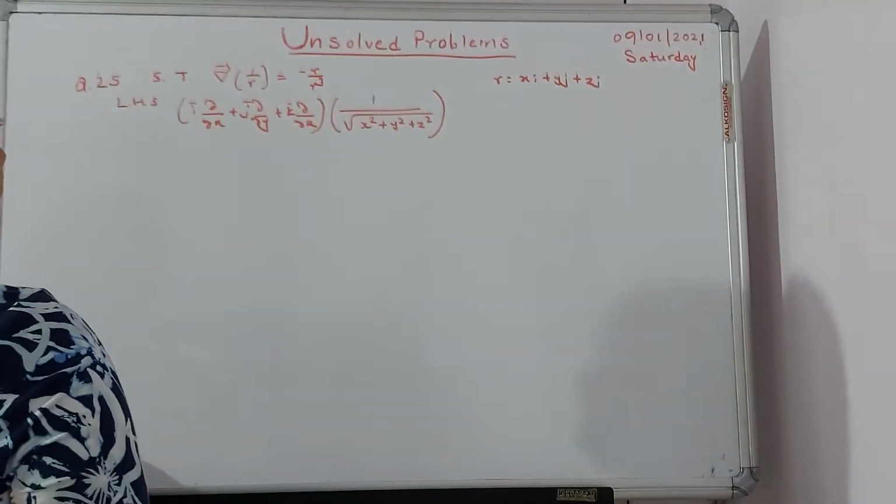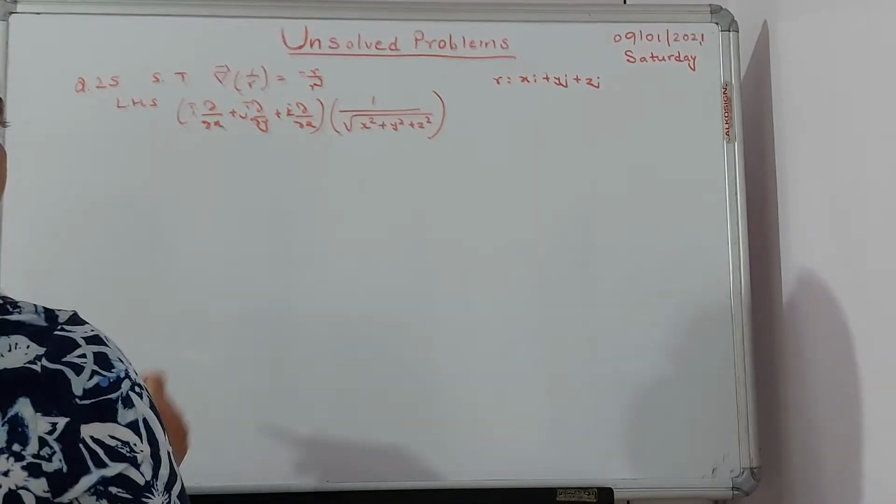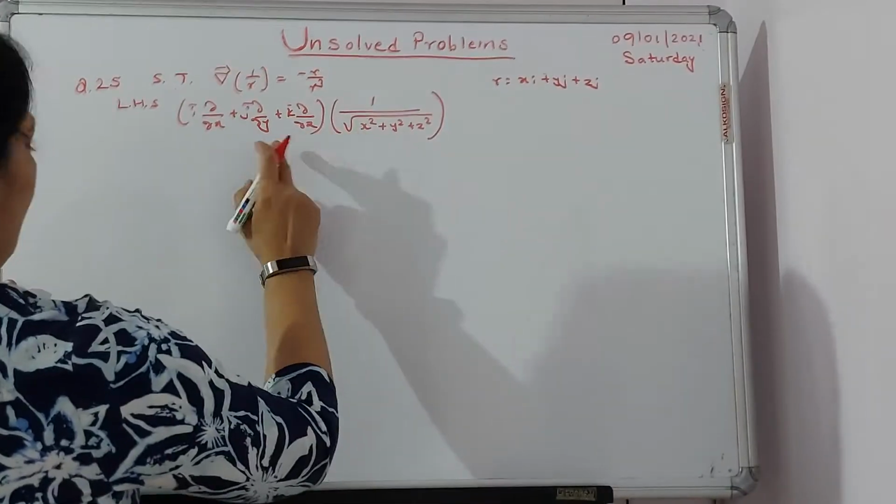Then with this logic I have to do first ∂/∂x of this, then j and then k.